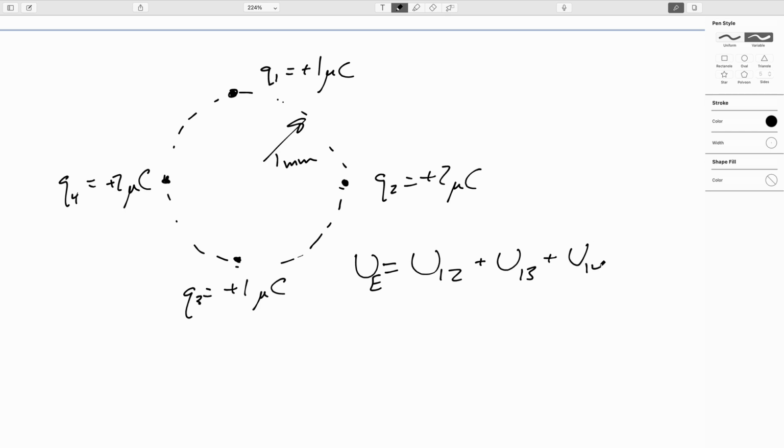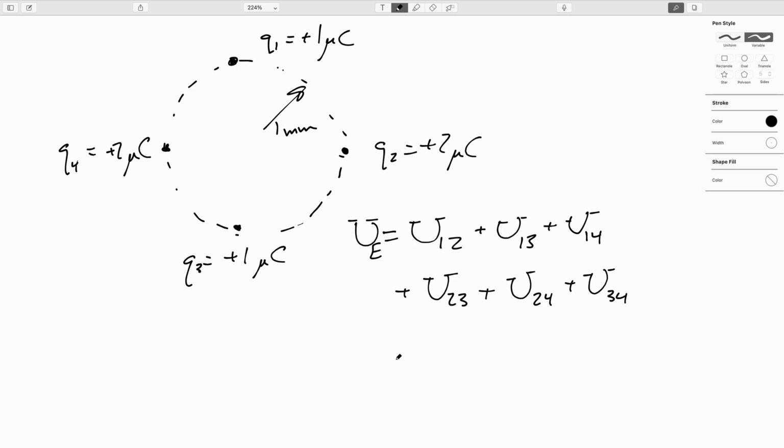Then, starting from 2, we would have 2 and 3, 2 and 4, and finally 3 and 4. We only want to count each pair once, and so that turns out to be it. There are a grand total of 6 pairs.